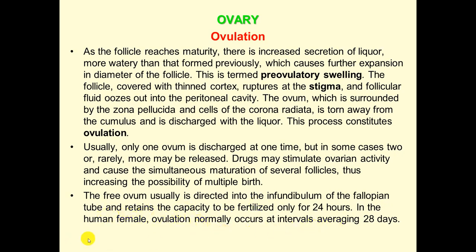In the human female, ovulation normally occurs at an interval averaging 28 days. It means every 28 days in the ovary ovulation takes place, and a mature ovum appears which can be fertilized.